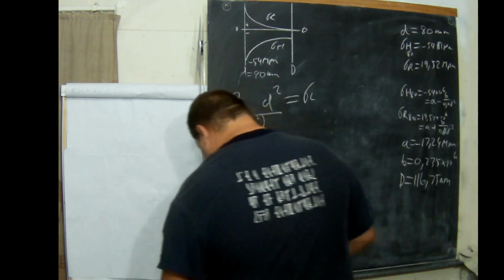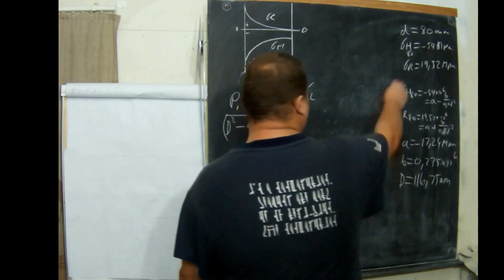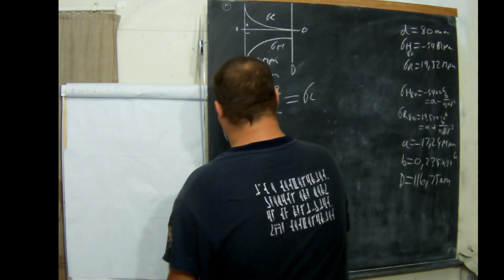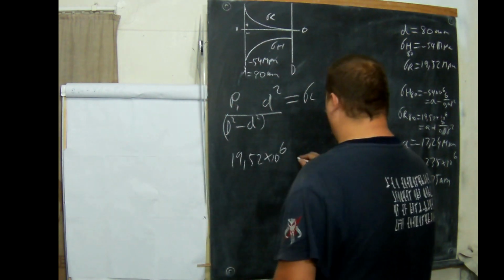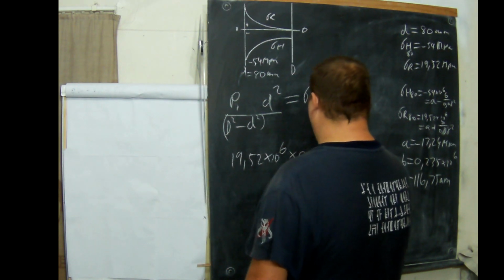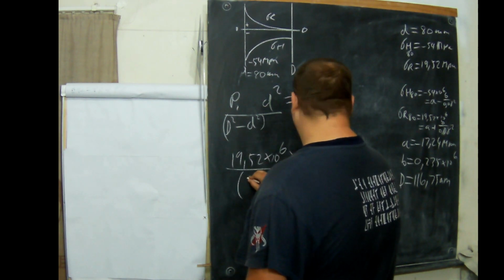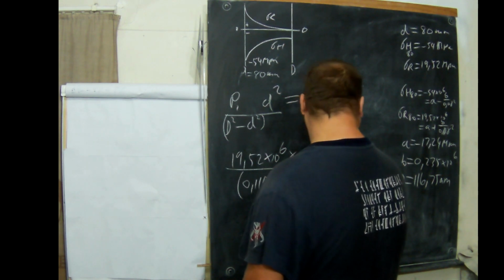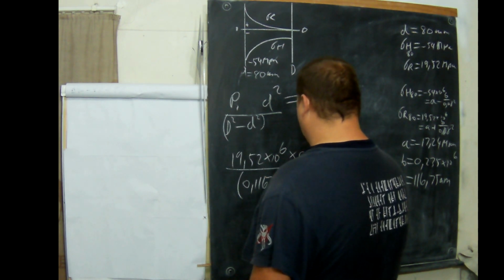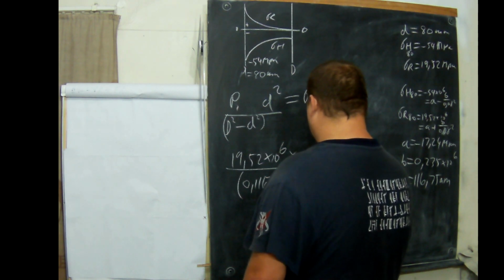So what we're going to do now is our internal pressure is 19,52 times 10 to the 6 multiplied by 0,08 all over 0,116775 squared minus 0,08 squared.